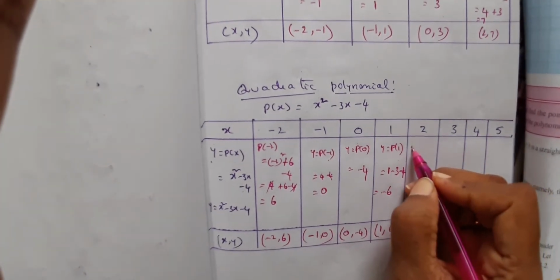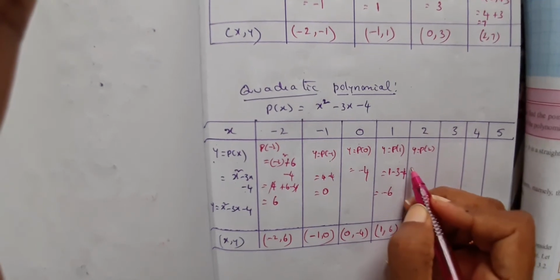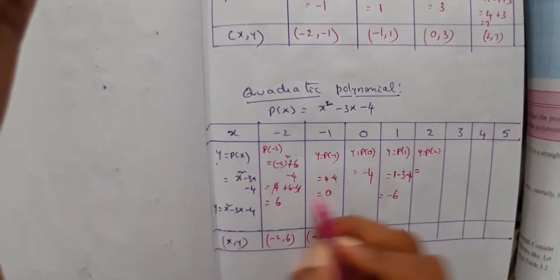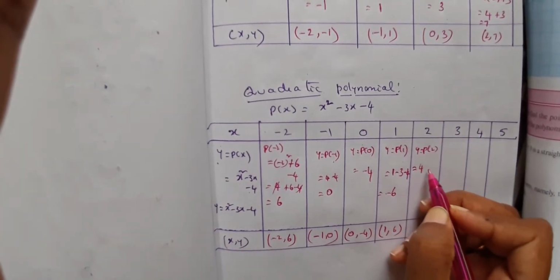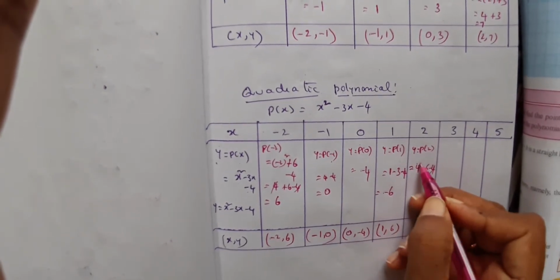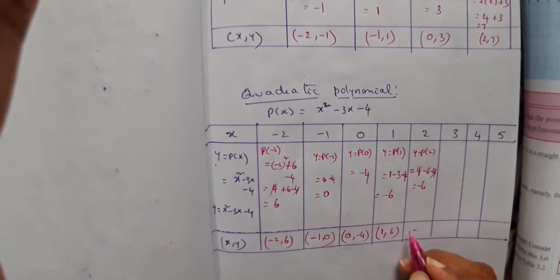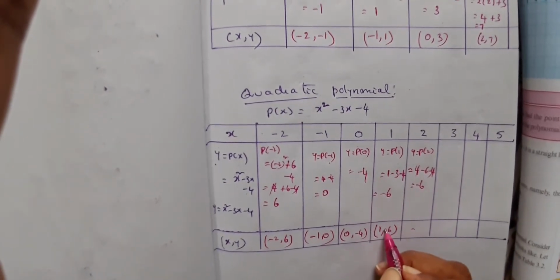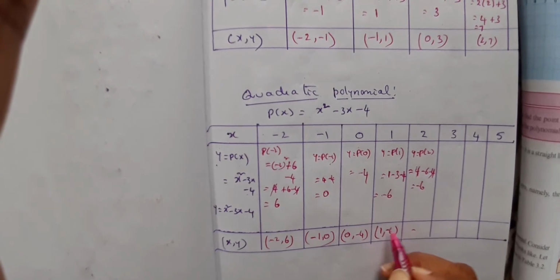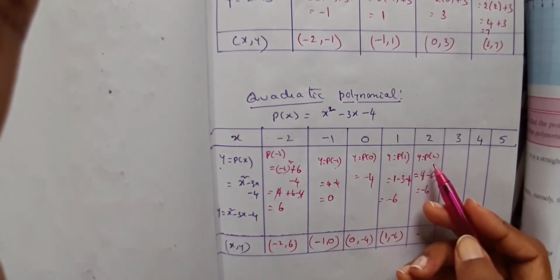And next y is equal to p of 2 because your x value is 2. So this will be equal to x square, that is 2 square is 4, -3 into 2 is -6, minus 4. Plus 4 minus 4 will get cancelled, again -6. So here also it is -6, right? Can we get the same value? Did I do any mistake here?